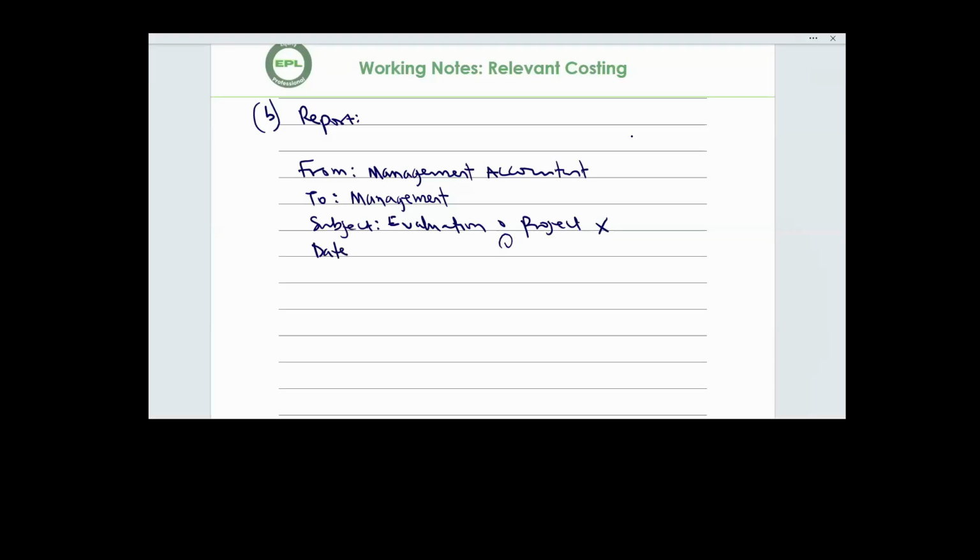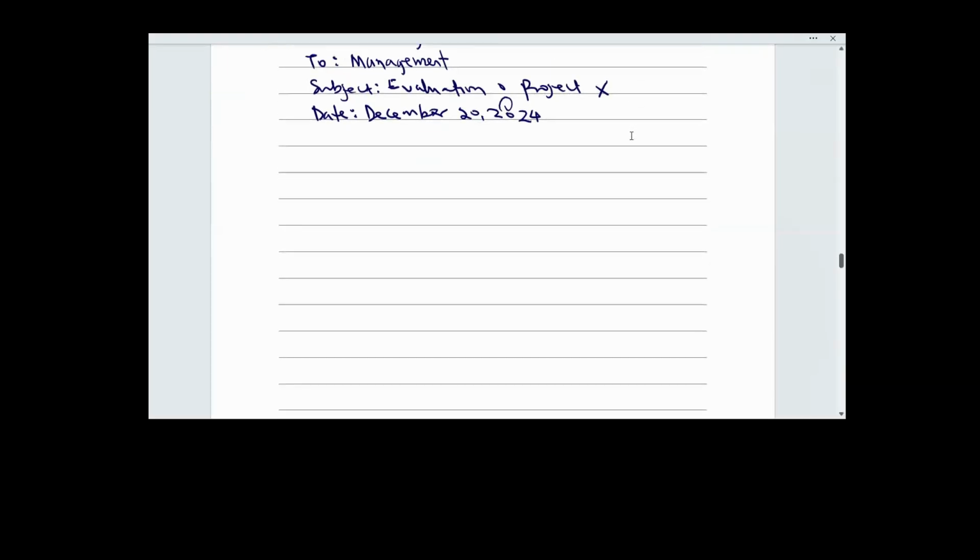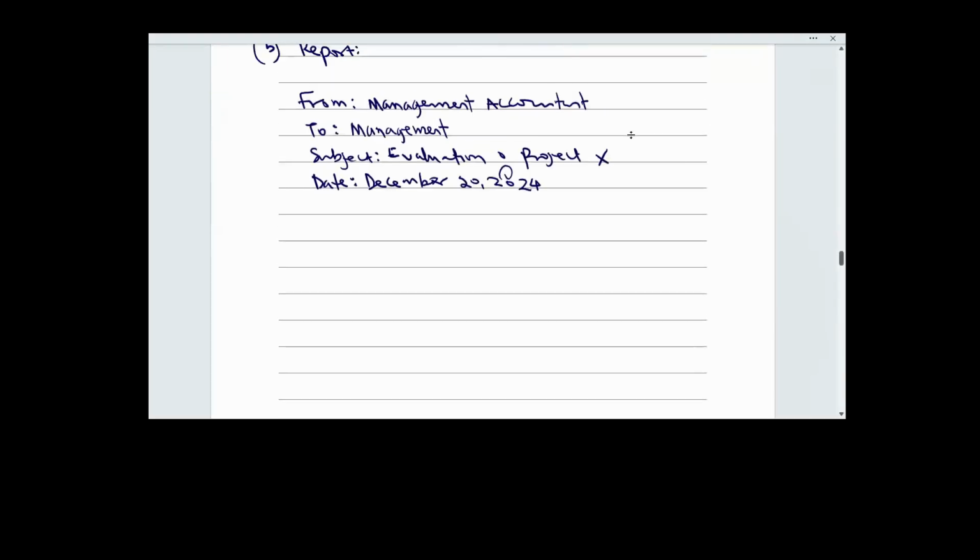Your memo must have a date. So you can just write any date. I can say December 20, 2024. I can write any date there. Okay. So I can then say Re, which simply means we are referencing.